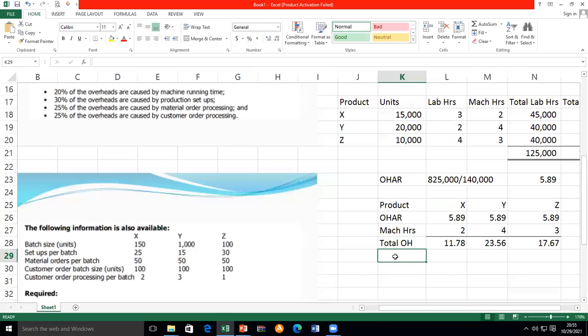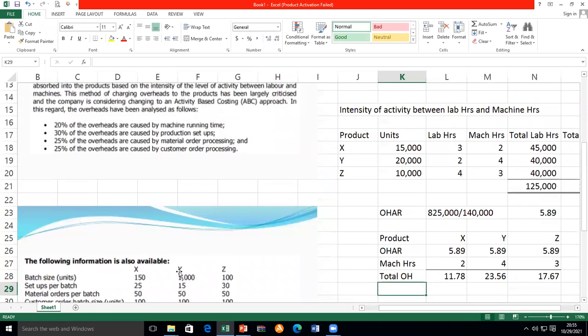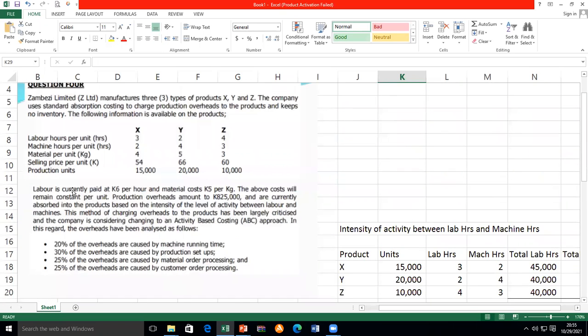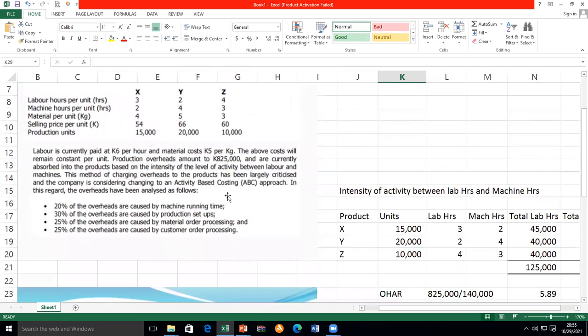Then let's bring in the costs. Where are your costs? The costs are here. Materials per kg is given there. Labor is 6 per hour, material is 5 per kg. So let us multiply and find our costs.